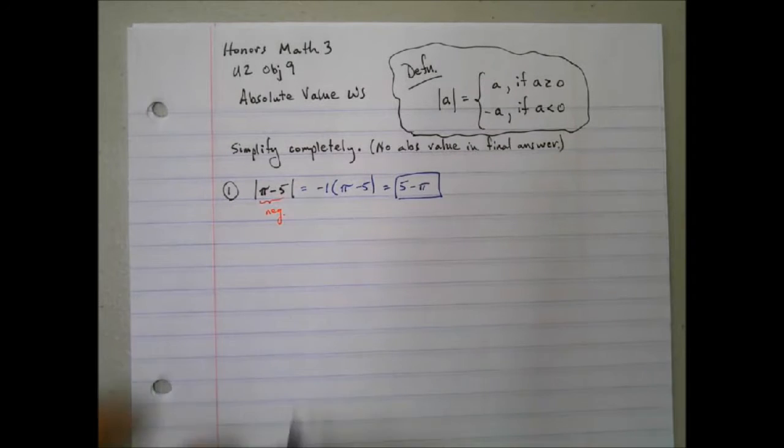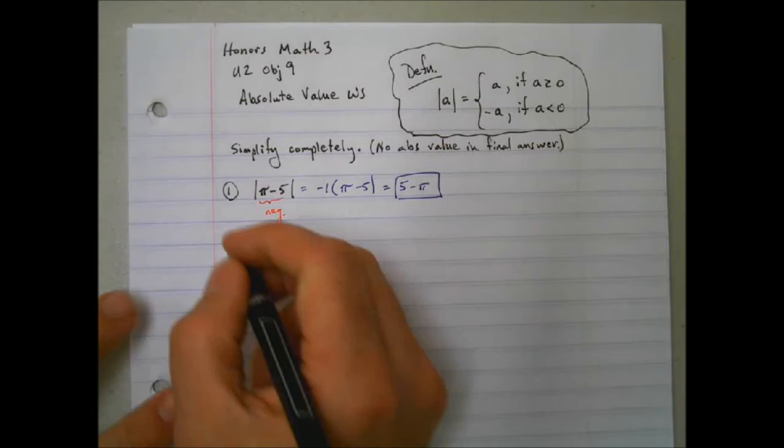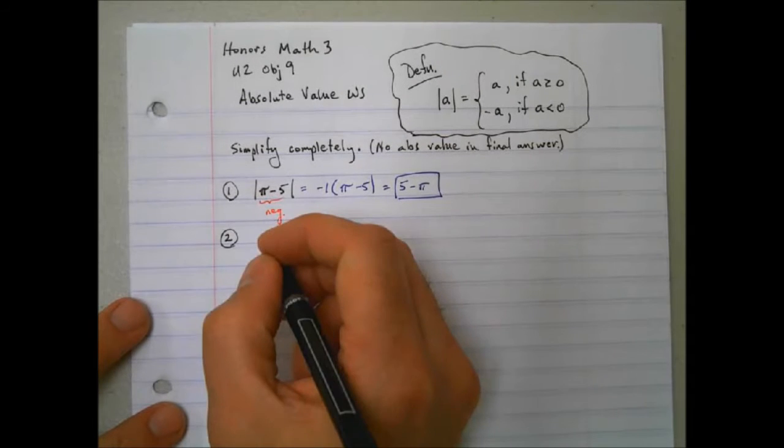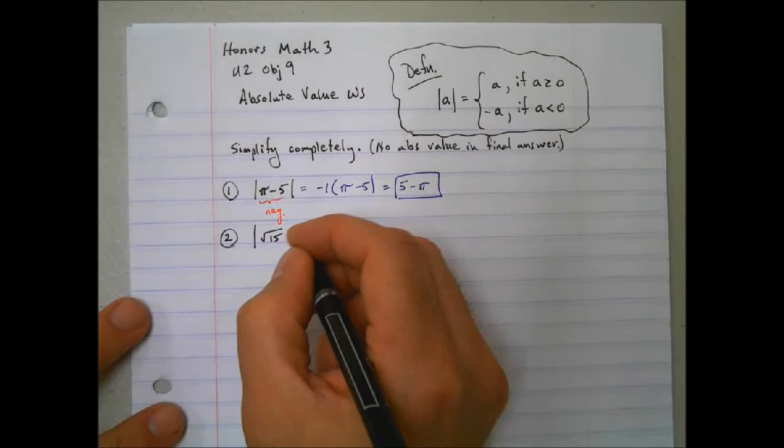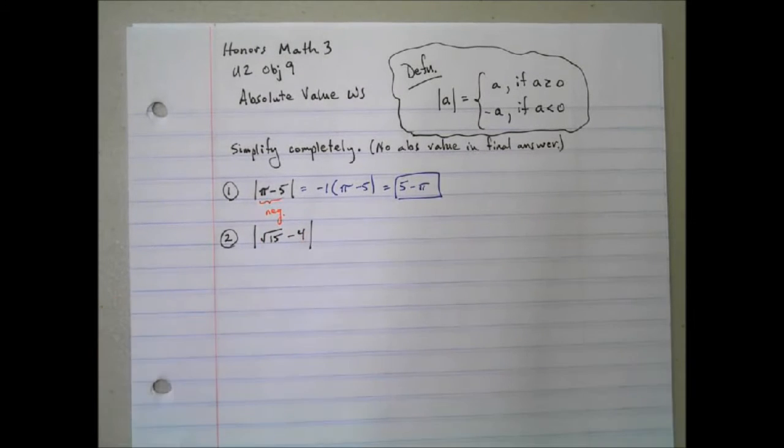Let's try another one, though. So, number 2, we've got absolute value of root 15 minus 4. Okay, now what about root 15? Well, what's root 16? Root 16 is 4, so root 15 is a little bit less than 4.